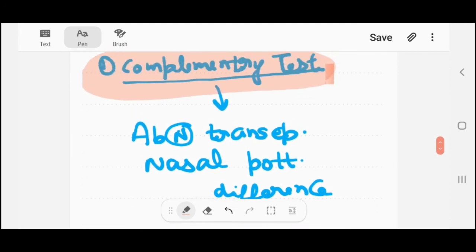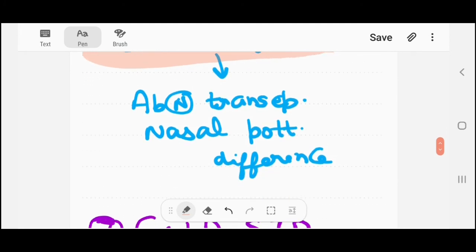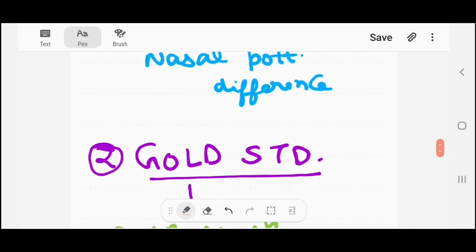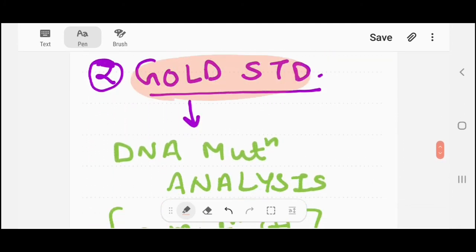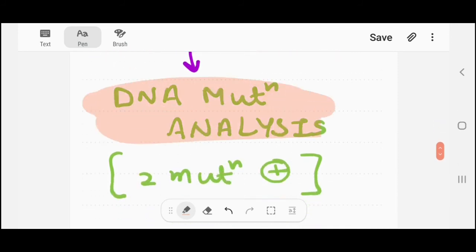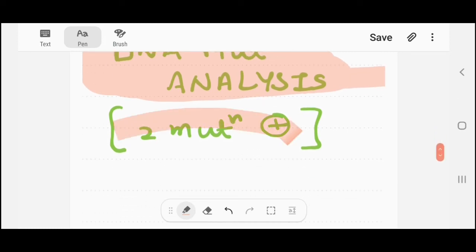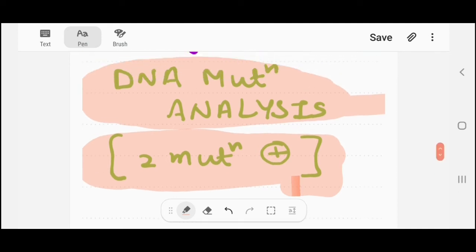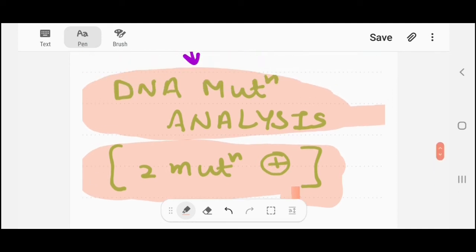But if someone asks you what the gold standard investigation for cystic fibrosis is, it is DNA mutation analysis. Here also, two mutations should be positive so that we can diagnose cystic fibrosis.